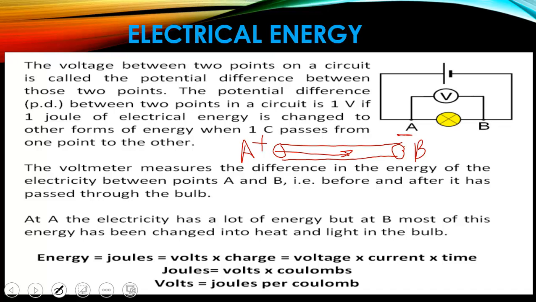So we can define potential difference by this relation: V equals work done in joules divided by quantity of electricity. So the potential difference is the work done in joules to transfer a quantity of electricity of one coulomb between 2 points.